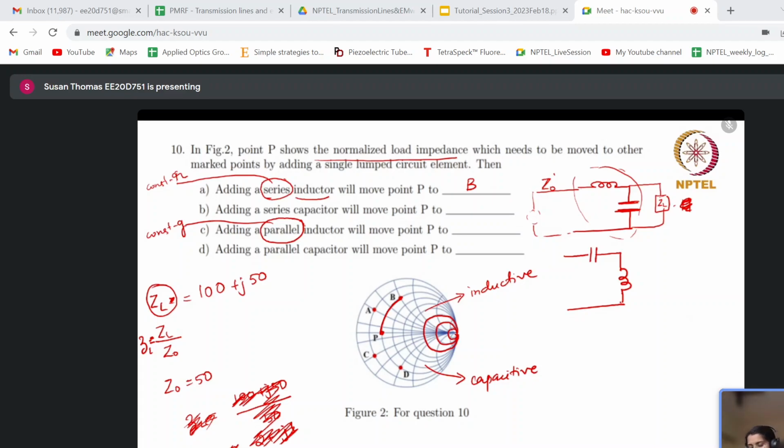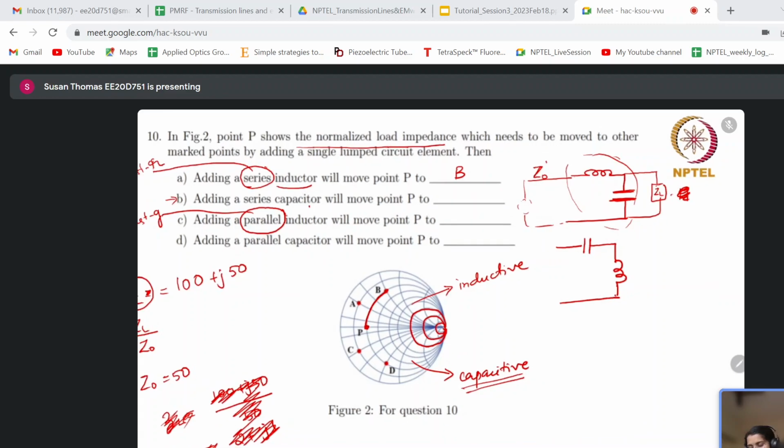Okay, now let's look at the B part. Adding a series capacitor will move point P to where? So how do we add a series capacitor? Capacitive reactance is the lower half of the Smith chart.